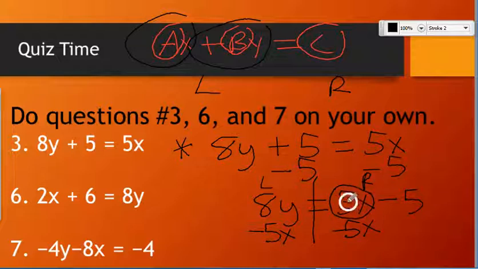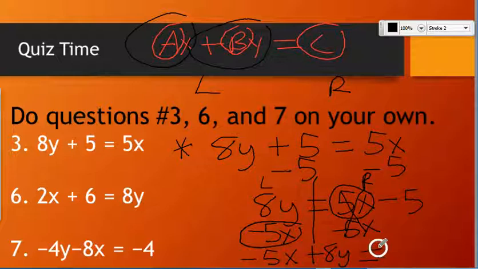Okay, so the 5x minus 5x, this cancels. Now, this is the part that a lot of you made a mistake on your quiz. Can you guys see that this right here is a negative 5x? So on the left side, we actually have a negative 5x. We have a positive 8y equal to a negative 5.